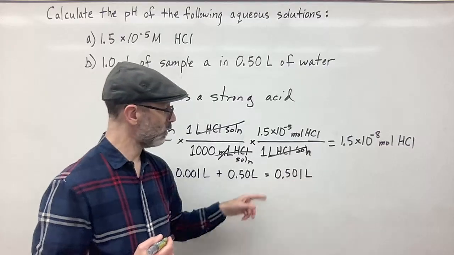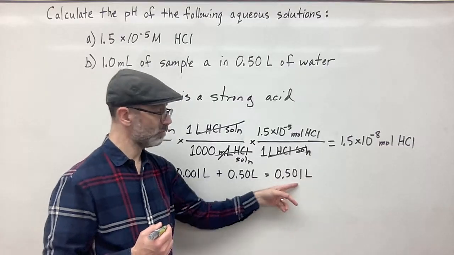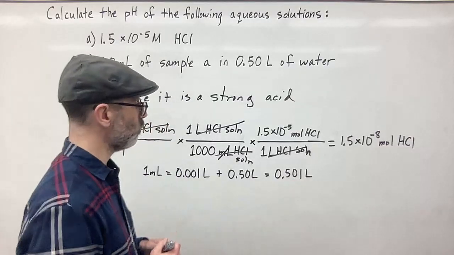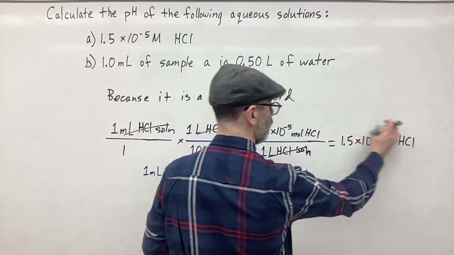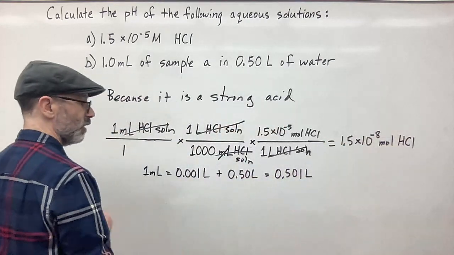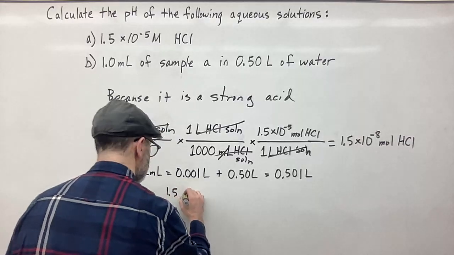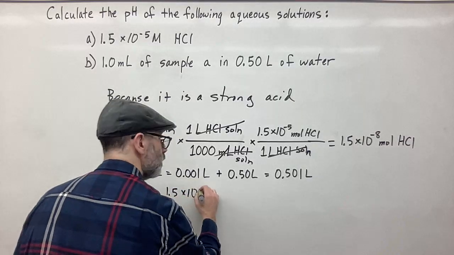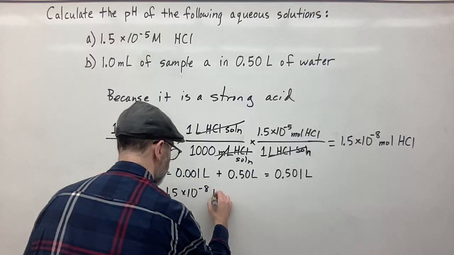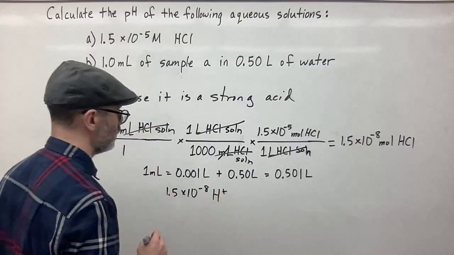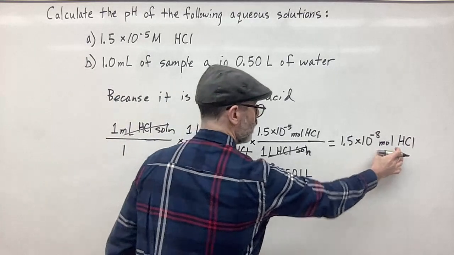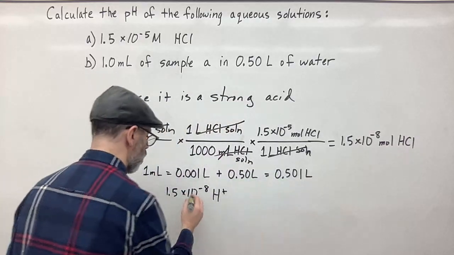So here, we need the total volume. We take the moles and divide by the total volume. So here we got 1.5 times 10 to the negative 8, and I'm going to put H plus ions because that's the same as HCl, since that's a strong acid.